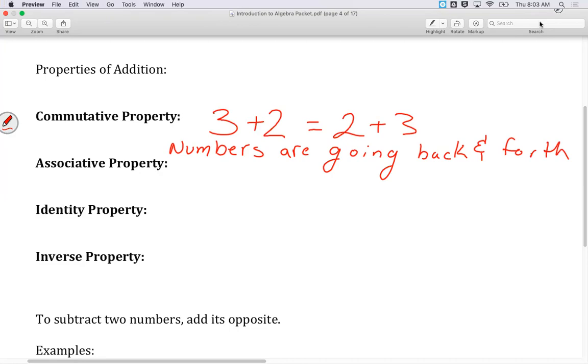It kind of means order doesn't matter. Okay? So the commutative property is that the order doesn't matter. So 3 plus 2 is still the same thing as 2 plus 3.